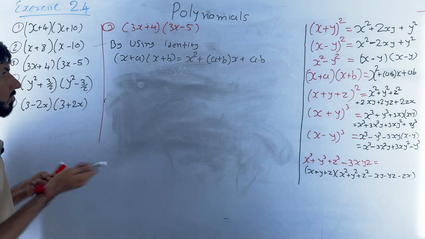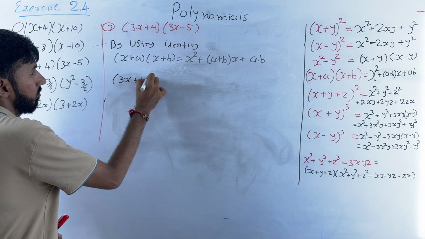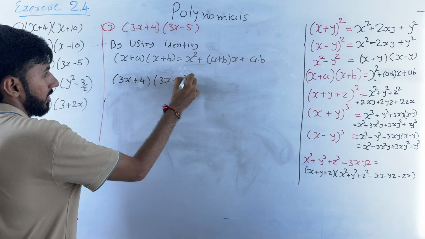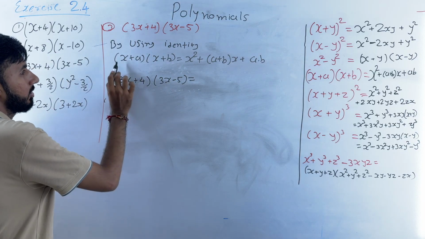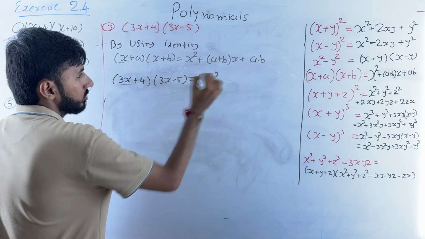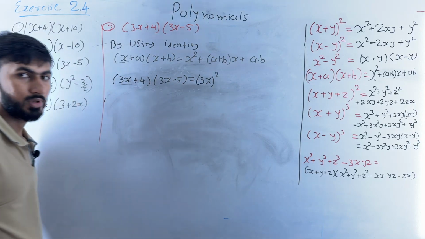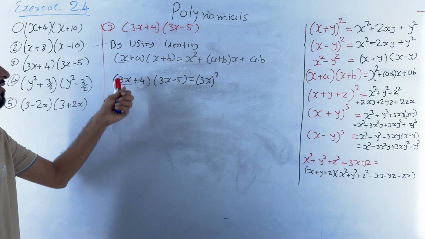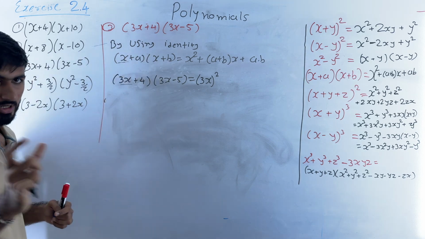So my answer will be: 3x plus 4 multiplied by 3x minus 5 is equal to, now I have 3x in place of x, so I have to write 3x whole square. Don't make a mistake in this step, because I have 3x in place of x. Identity is just a format.